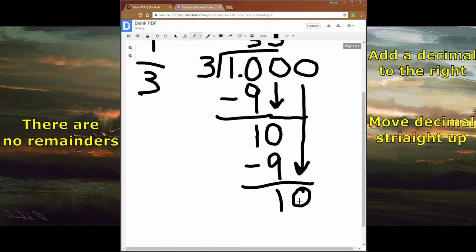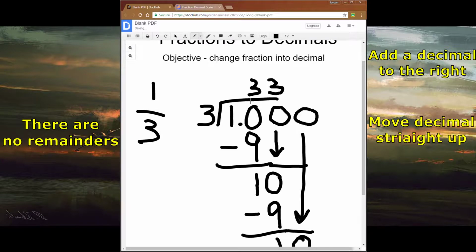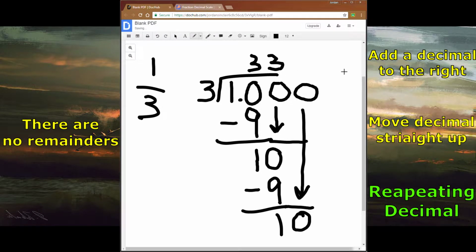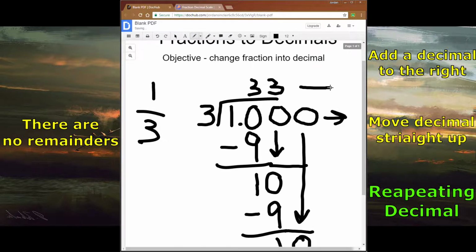So what's happening here is something called a repeating decimal. It's where we're going to keep repeating 3, 3, 3, 3 all the way to the right infinitely, and we can never end up with a 0. This is a problem because you can't answer the problem that way.